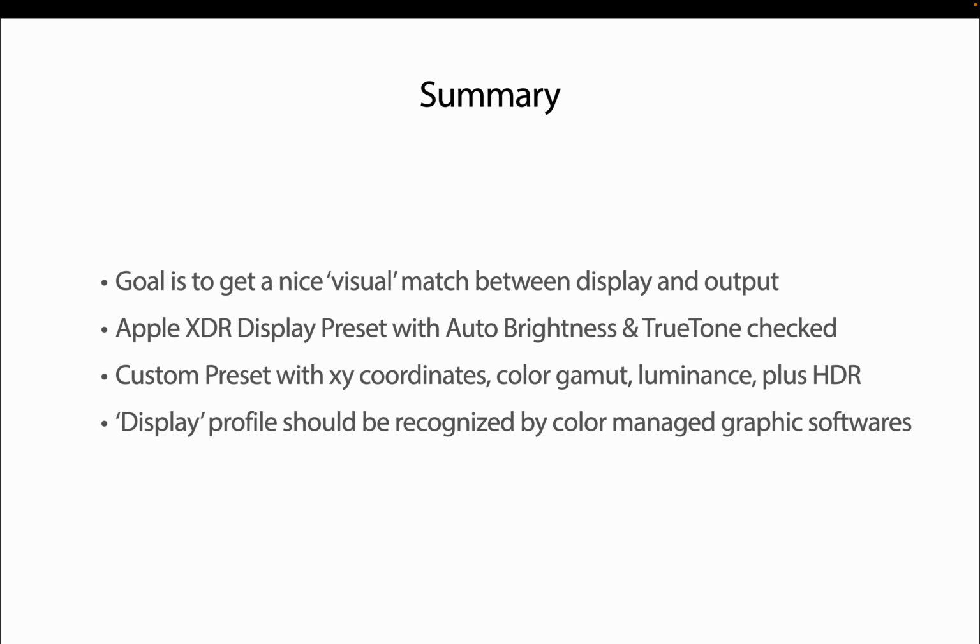You can do that by typing them in the Customize Preset menu. Make sure that the profile name Display should be recognized by graphics software by going to Photoshop, Edit, Color Settings, Working Space RGB, Monitor RGB.